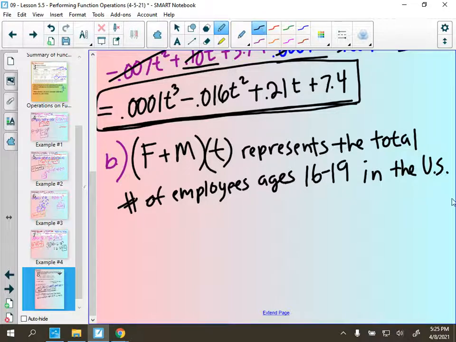It's ages 16 to 19 in the U.S., t years from 1990. All right, so I hope that makes sense.